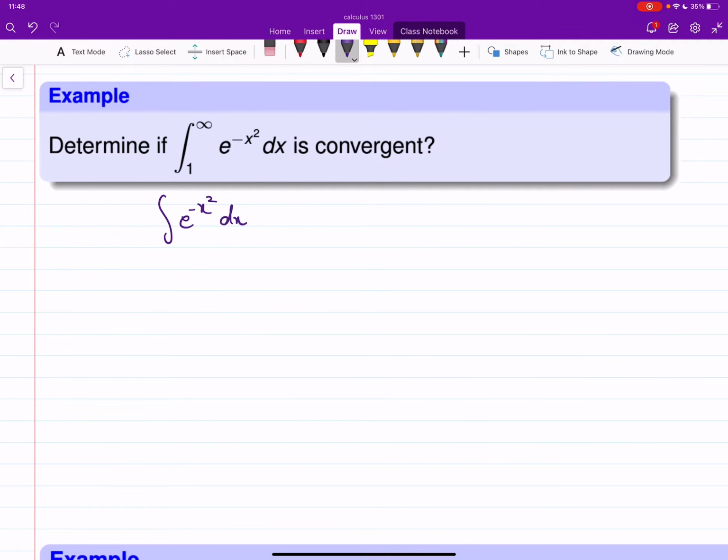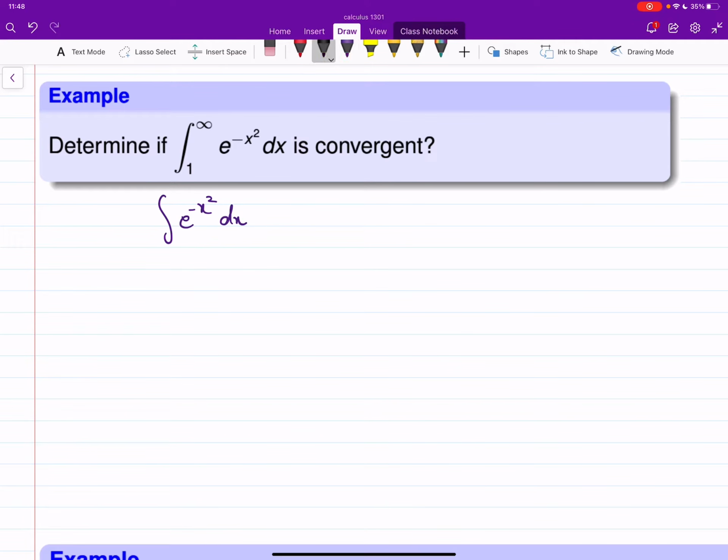In other words, computing this antiderivative is just off the table, and you cannot evaluate this integral using the fundamental theorem of calculus and then the definition of the improper integral. So what should we do then? We are going to compare this to another function that can be integrated, and then using the comparison theorem we will show that this integral is convergent.